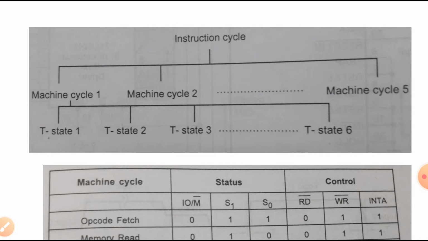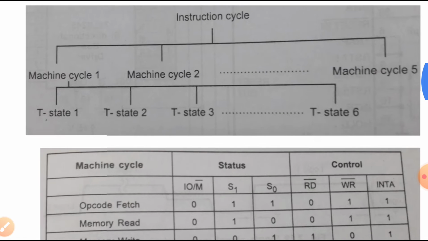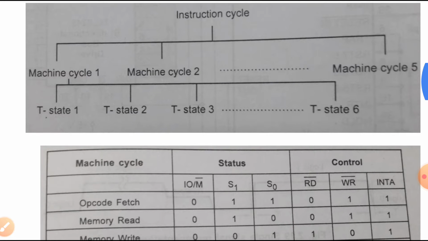And while doing this, a single subdivision of that particular operation which is performed in a particular time period is known as T state. So, we can say that one instruction cycle consists of 1 to 5 machine cycles, and one machine cycle consists of 3 to 6 clock periods or clock states.